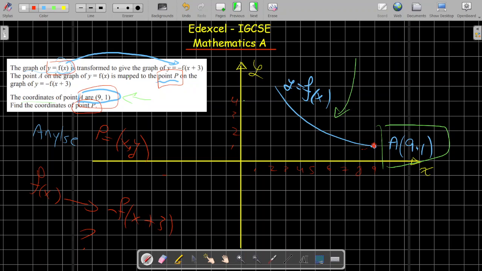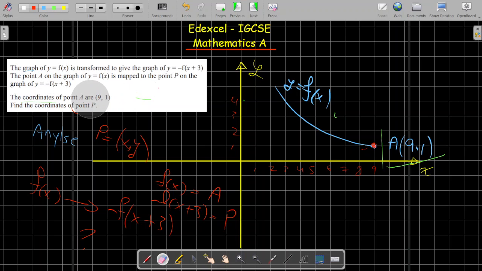So if f(x) has the point A, the graph of f(x plus 3) doesn't have A anymore, it does have P instead. So P is a mapping for point A. So what you need to do is to try to translate this graph into the required transformation.